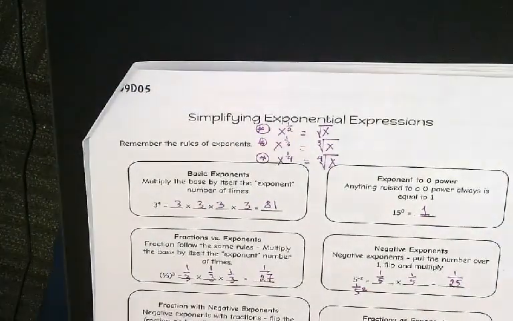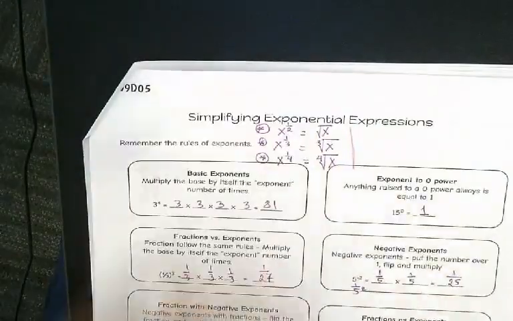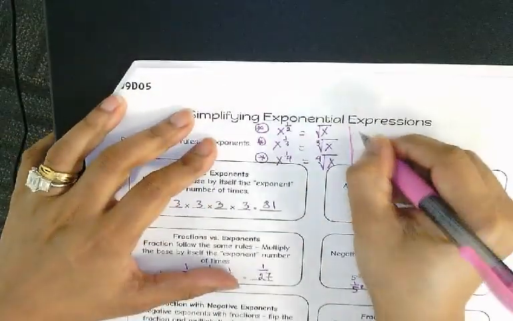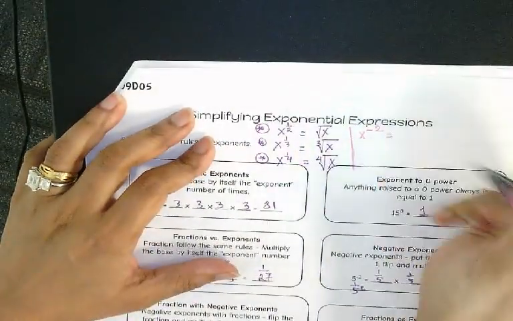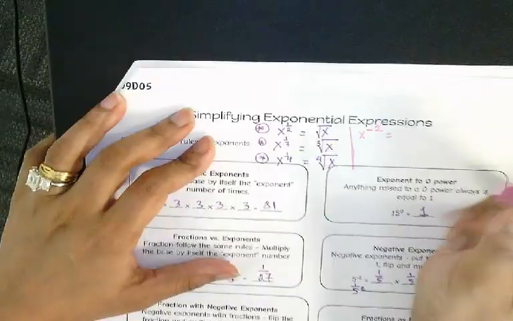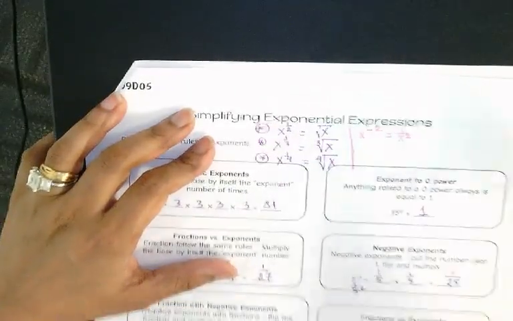Now the next type of rule is going to be for the negatives. So if you have x to the power -2, it's going to become, what can we write for it? 1 over x squared.